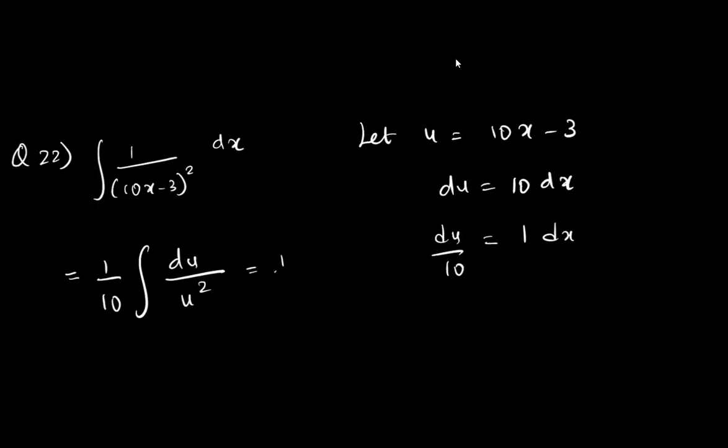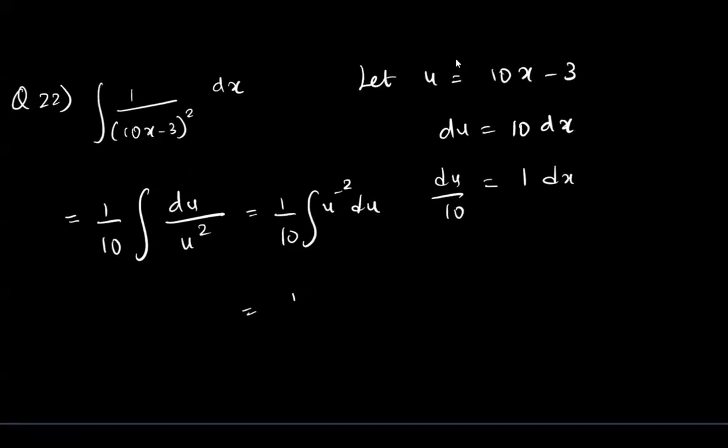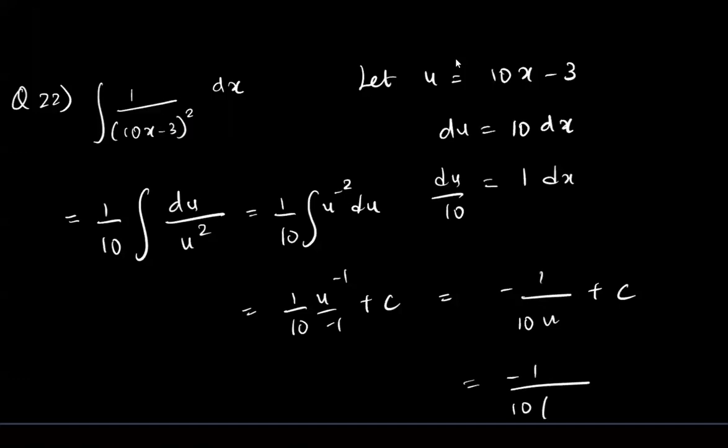Which is nothing but u to the power of negative 2 du. So this is u to the power of negative 1 over negative 1 plus c, which is negative 1 over 10u plus c, which is negative 1 over 10 times 10x minus 3 plus c.